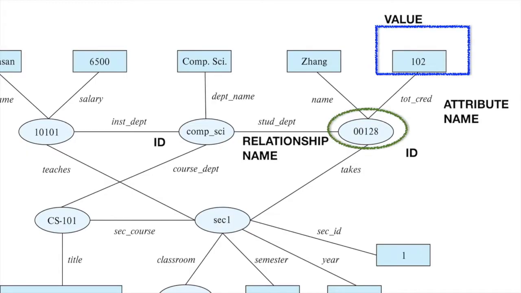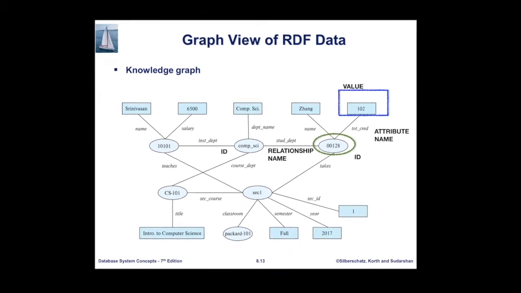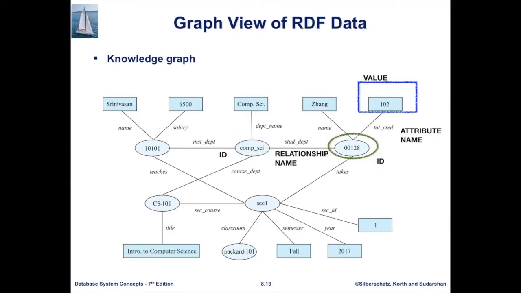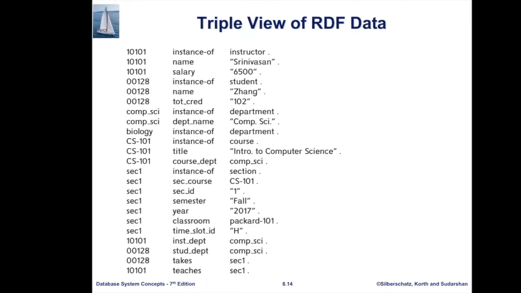Pero in this case, we will just need to specify that there's a link between ComSci and 00128. Tapos, the predicate is the student type. Or the relationship name is the student type. Okay? So, since this is a graph, and we can represent a graph using the set of all edges or tinatawag nating edge list, we can represent the RDF using the list of all the triples.